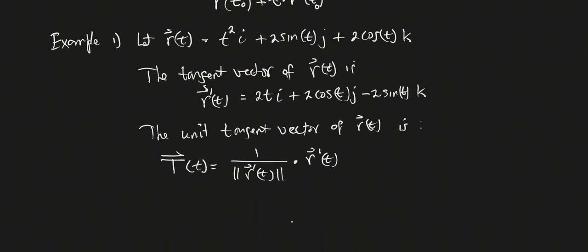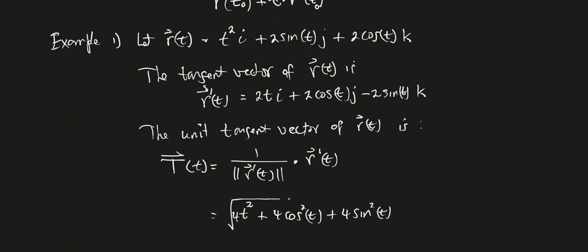So let's see if we can write down what the magnitude is. Here's the derivative vector or tangent vector. So we have to square each component and add, and then take the square root. So it's going to be 4t squared plus, when I square 2 cosine t, I will get 4 cosine squared t. When I square negative 2 sine t, I'll still get a positive 4 sine squared t.